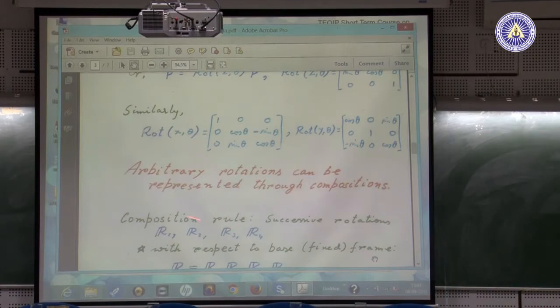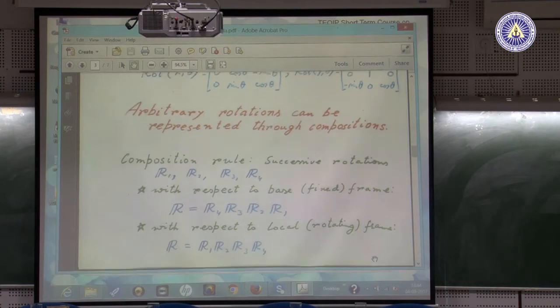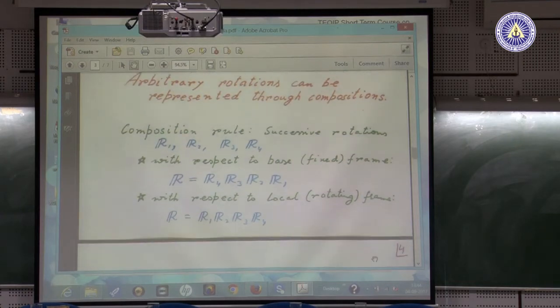is, that is for successive rotations, if the frame of reference is fixed as we earlier considered, then the point is on this side. So, on the point first rotation R1 is applied, then R2, then R3 and so on. So, the successive rotation matrices will be pre-multiplied like this.